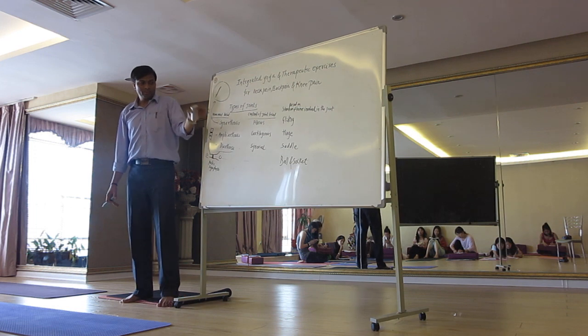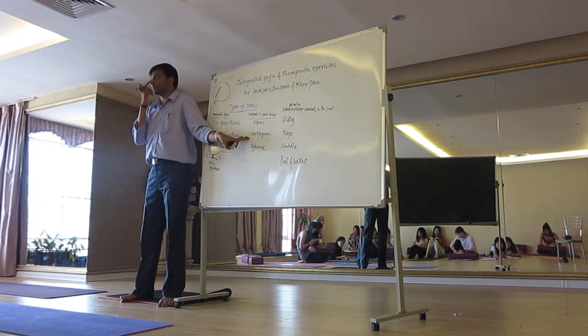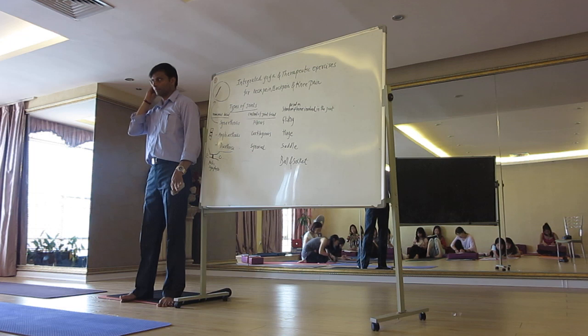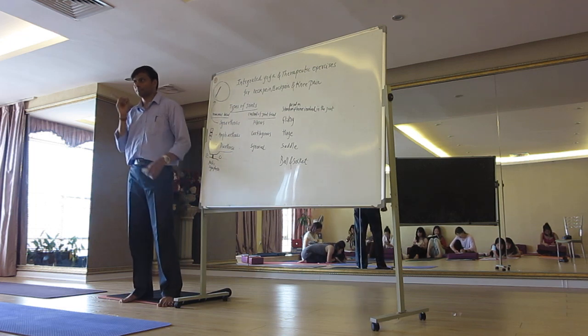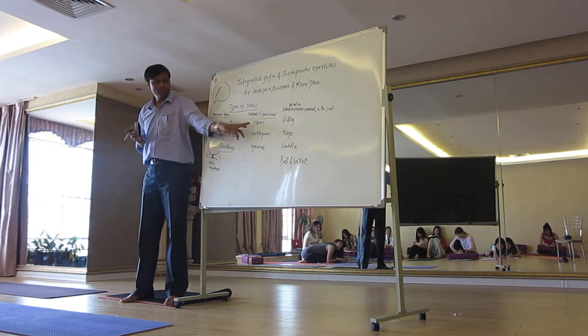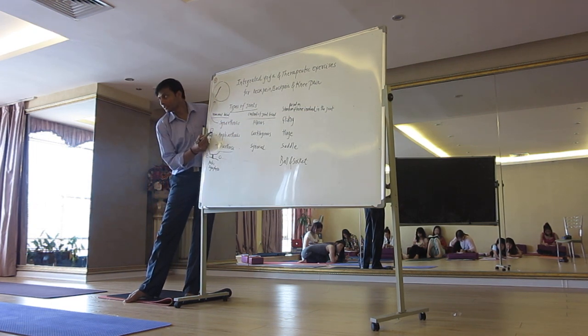And there are some structures which are cartilages. My nose is a cartilage. My ears are the cartilage. Okay. Cartilage. Fibrous. Between the vertebral column, this is a fibrous tissue.